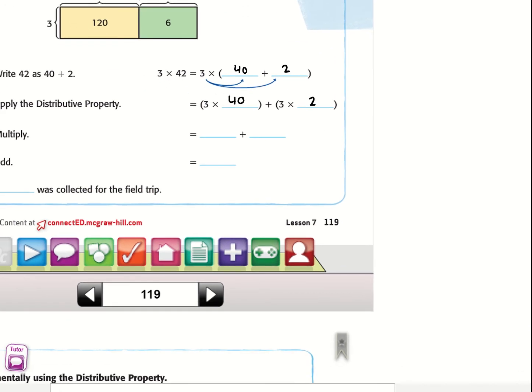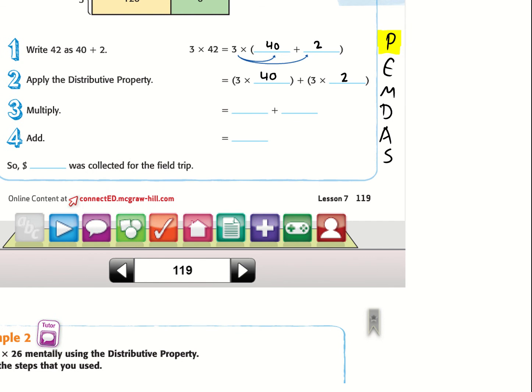And for those of us that know the order of operations, please excuse my dear Aunt Sally. P is for parentheses. In parentheses, we always do first. And if you don't know the order of operations, I'm pretty sure that will be taught in a future lesson.